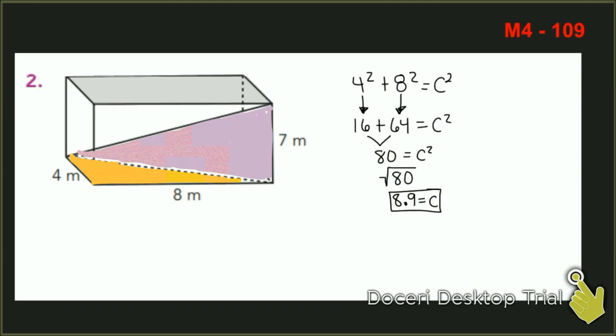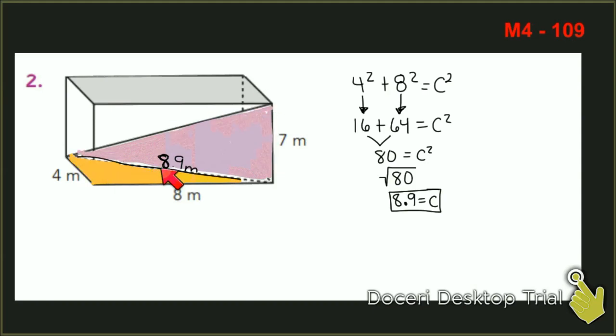And again, that decimal is 8 and 9/10, and 8 and 9/10 is this diagonal line that splits our two triangles. So this diagonal line here is 8 and 9/10 meters. Okay, so again, we now go to the triangle that we want to find, which is this purple triangle that has the diagonal line.